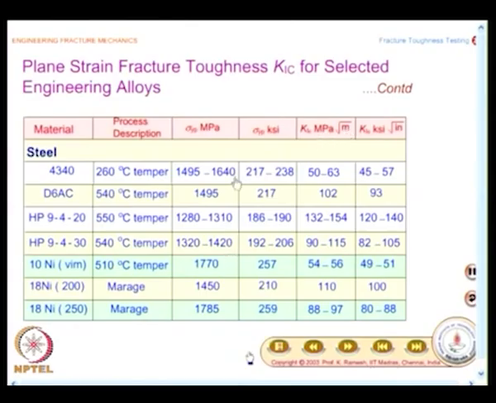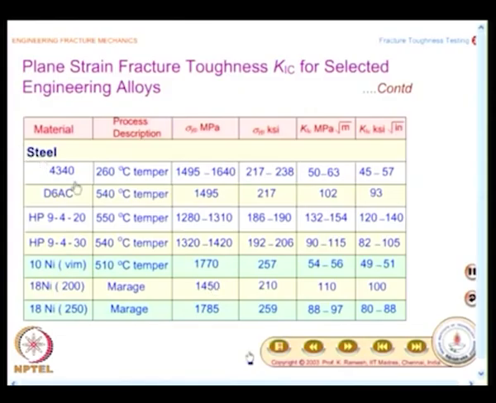So, if you look at, we are really talking of very high strength alloys. You see the list changes from 1280, which is the least value of yield strength in MPa, and it goes up to 1785 at least in this page for various categories of steel.